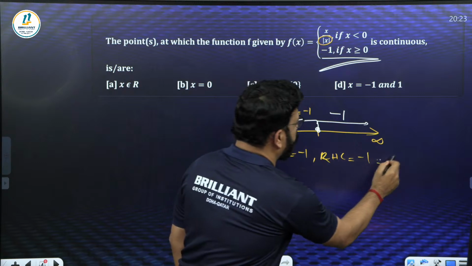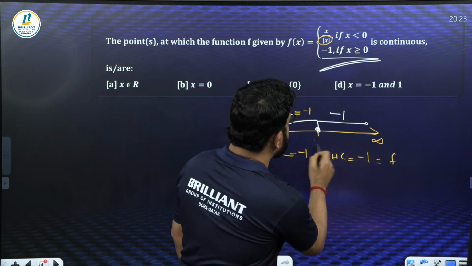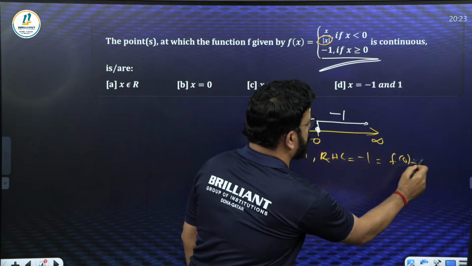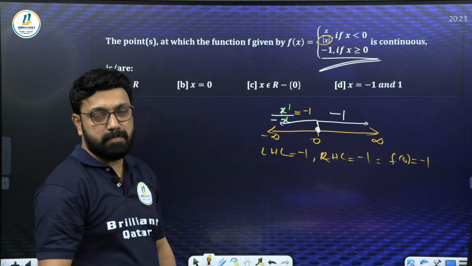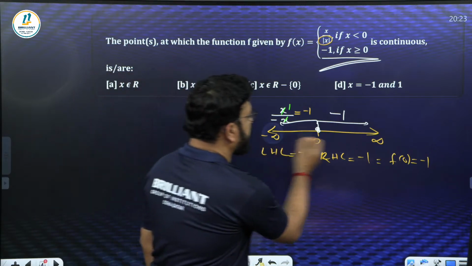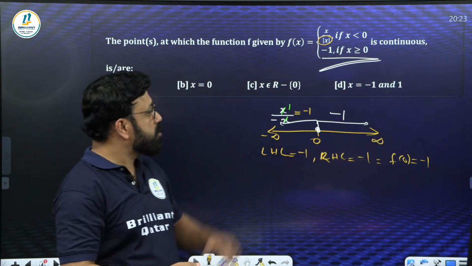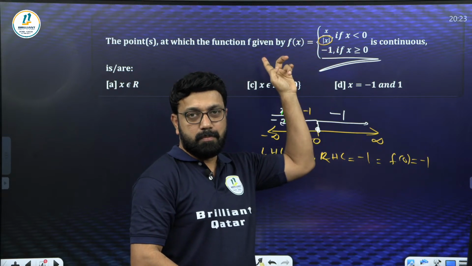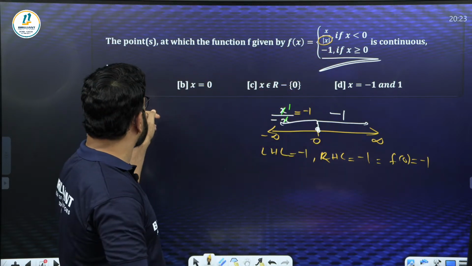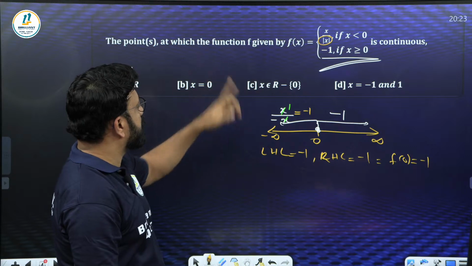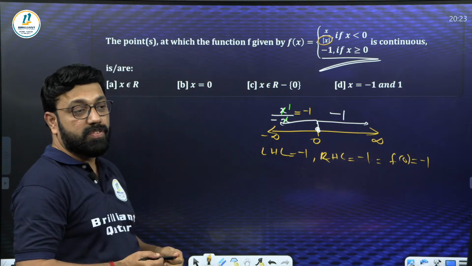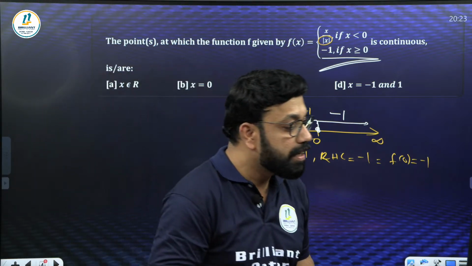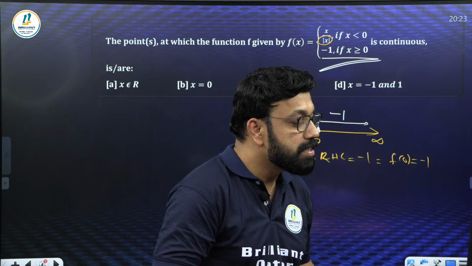And f of 0 equal to what? Minus 1. Everywhere minus 1. From where to where? Minus infinity to infinity. If you see the previous questions, mod x we checked. Mod x minus 1 we checked. Now we are checking this, at which point the function is continuous. Yes, Shiny, Sabu.